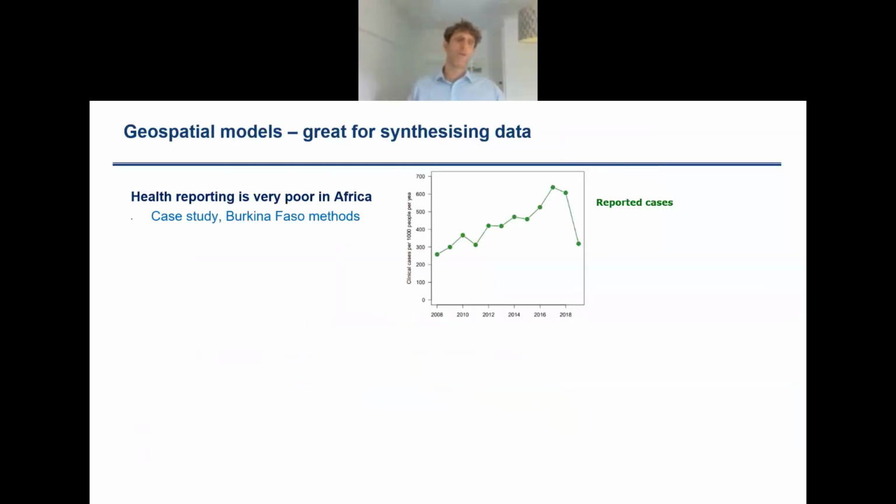But what we have to start thinking about is that health reporting is often very poor in Africa. And I started this project in Burkina Faso in about 2012, where we were looking at the number of reported cases of malaria. And what we've seen over the last 10 years is actually a substantial increase in the number of cases that are reported to the national health system.